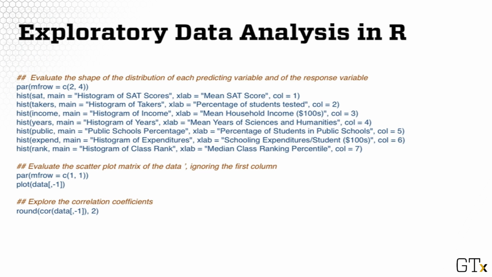We can do this by using a pairwise correlation command in R. But we can also do a scatter plot matrix of all the variables, including the response and the predictive variables.